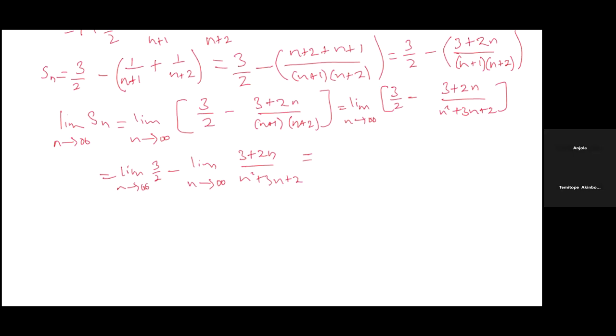So I'm going to have the limit as n tends to infinity of 3 over 2 minus the limit as n tends to infinity of (3 over n squared plus 2 over n) over (1 plus 3 over n plus 2 over n squared). Remember, we did all these things when we started this course.